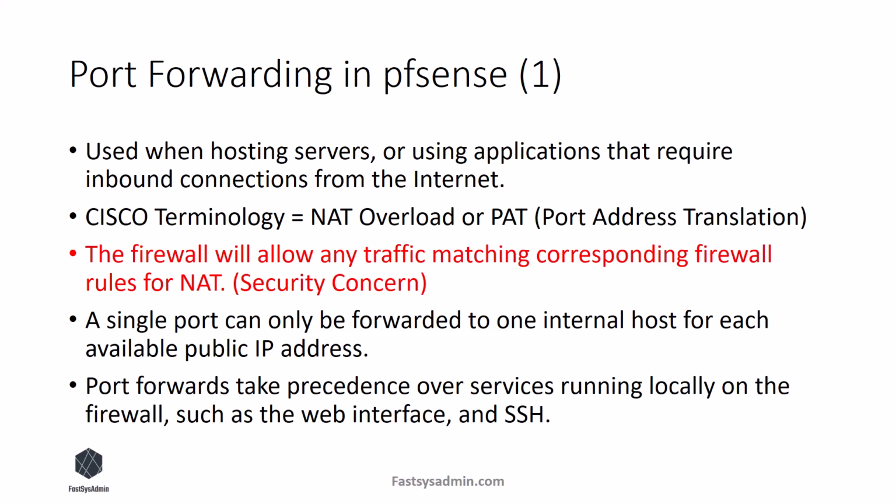And there is another important concern: port forwarding takes precedence over services that are running locally on the firewall. For example, if you have enabled the web interface or SSH on the firewall, and you also forward ports from the IP address that the firewall management interface is using, then you will lose the connection to the firewall itself, and the firewall will keep sending traffic towards the host that resides inside the LAN.